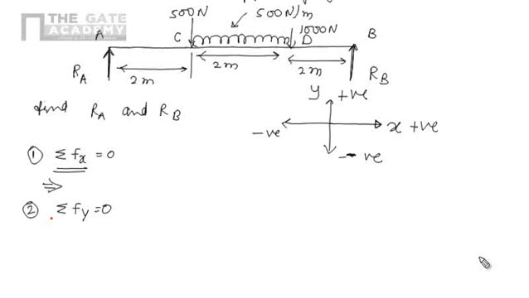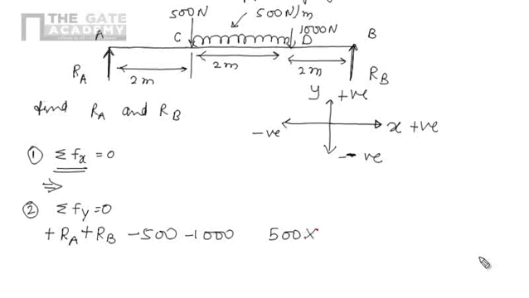So in vertical direction we have Ra, that is in positive direction, so plus Ra. Rb in positive direction, means positive y direction, 500 Newton point load, that is in downward, so minus 500, 1000 point load, that is in downward, so minus 1000, and there is a uniformly distributed load of intensity 500 Newton per meter.